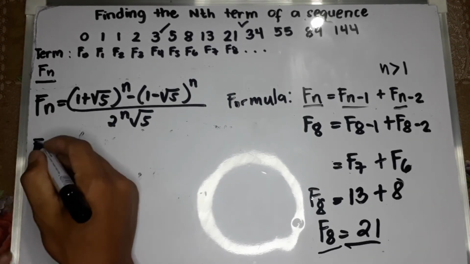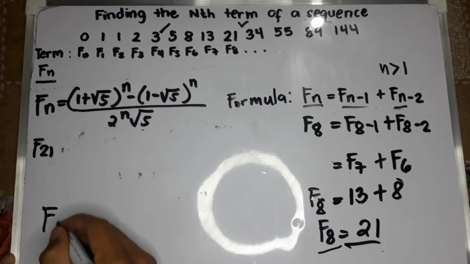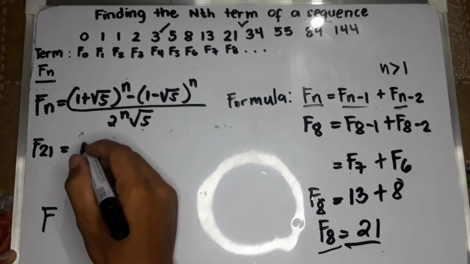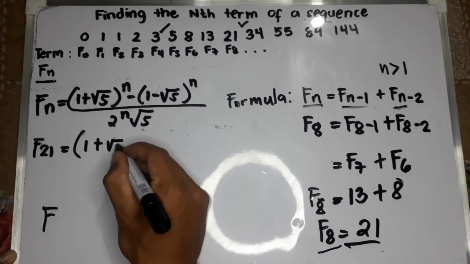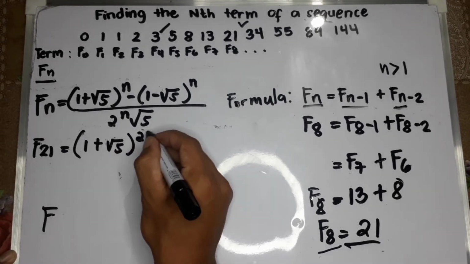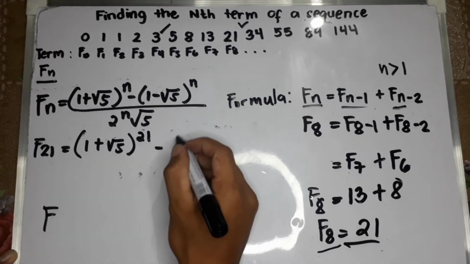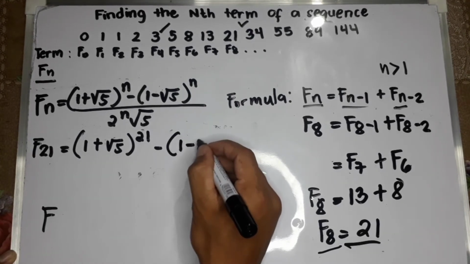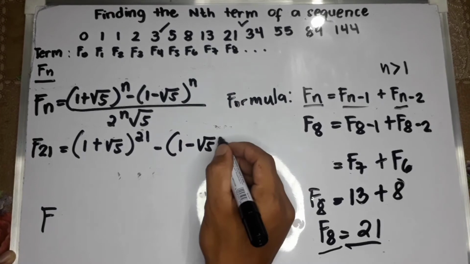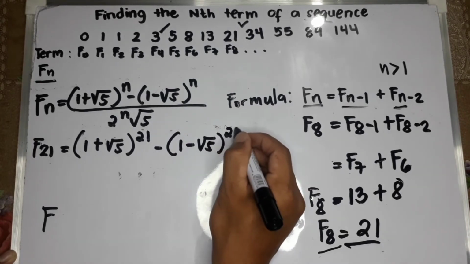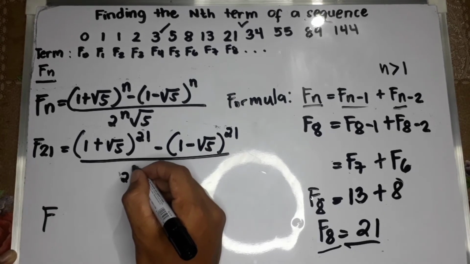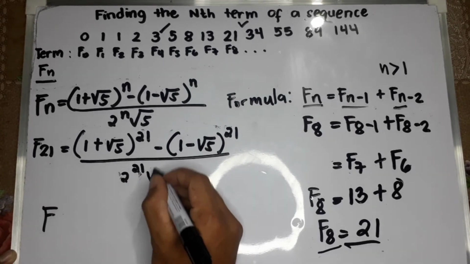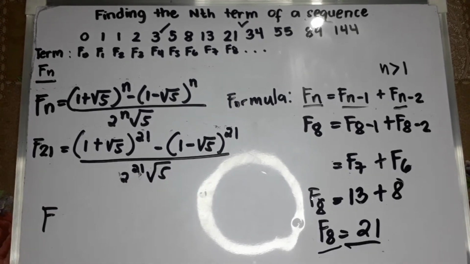So we have f sub 21 is equal to (1 plus the square root of 5) to the power of 21 minus (1 minus square root of 5) to the power of 21, divided by 2 raised to the power of 21 times the square root of 5. Now we will try to use the calculator again.